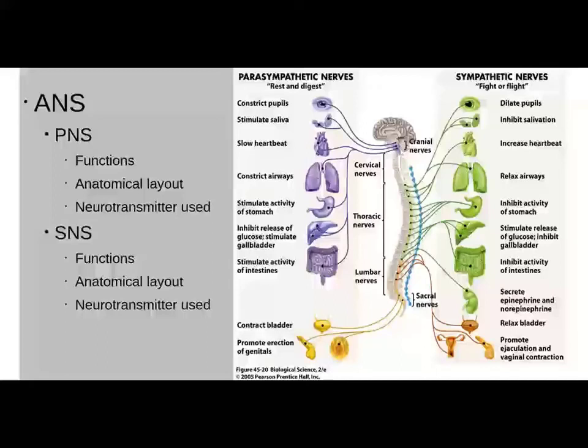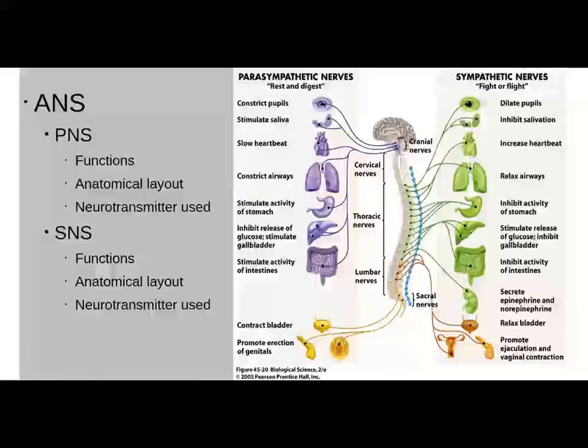So the postganglionic neuron in the PNS is really, really short. It only has to run from the ganglion to the organ, and since the ganglion is already at the organ, it doesn't need to be very long at all. In the SNS, it's a little bit different.